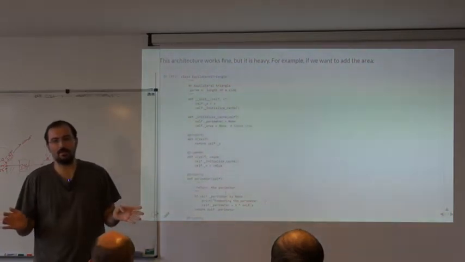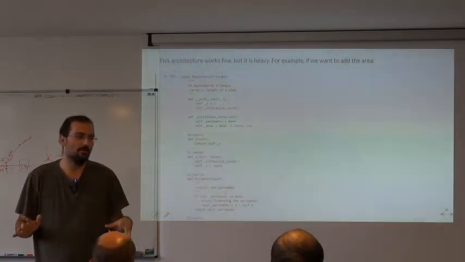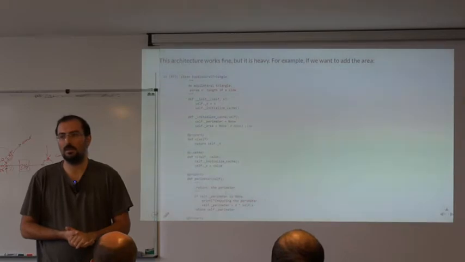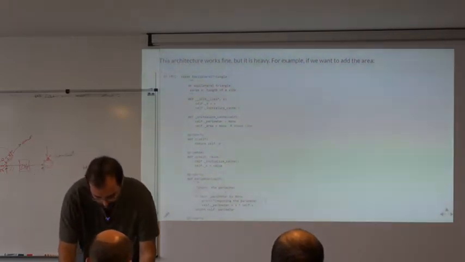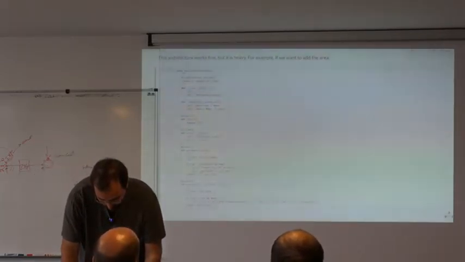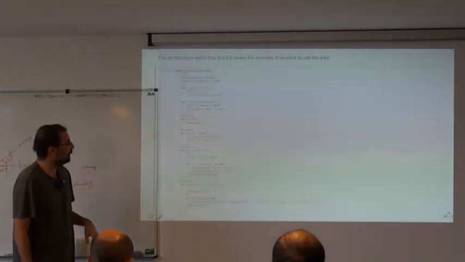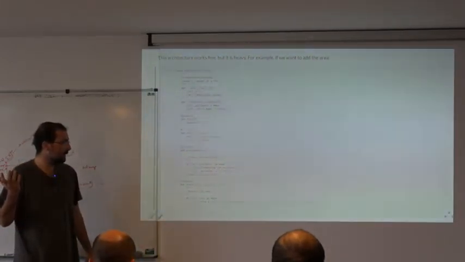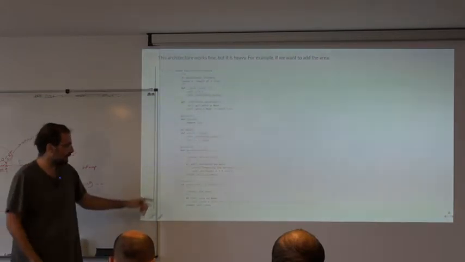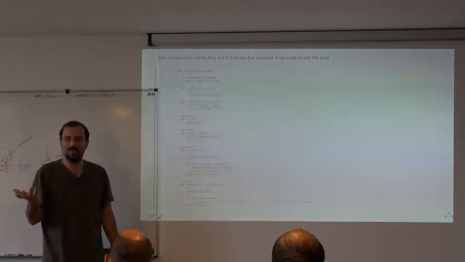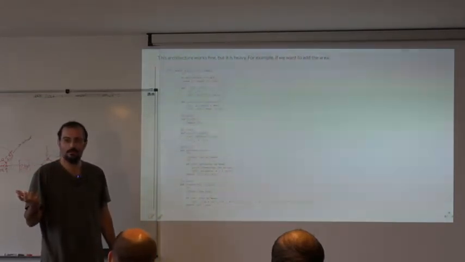The only problem is that if you do that very often, it's a bit heavy to handle. For example, let's say that you want to add a method called area. What will be the cost in code to add a new method?